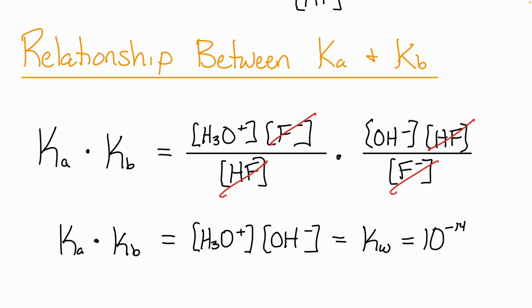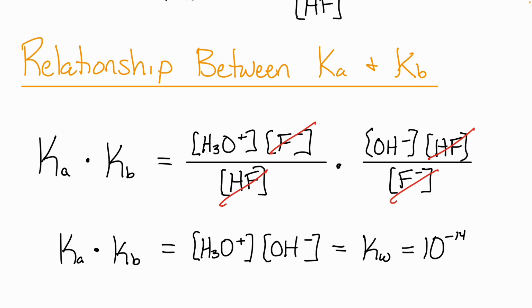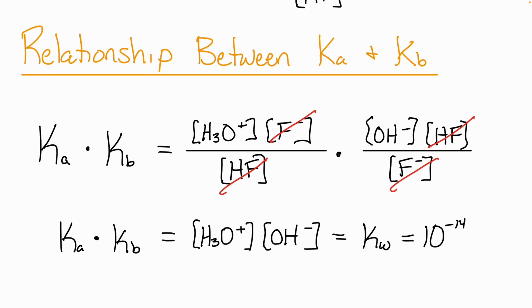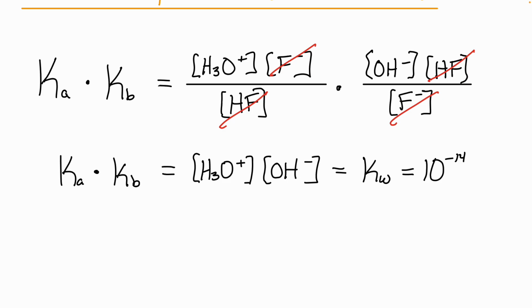If I wanted to figure out what my Kb was for my fluoride ion, I would look up the Ka value for hydrofluoric acid, and then use this equation to solve for Kb. Rearranging, we get Kb equals 10 to the negative 14 divided by Ka.